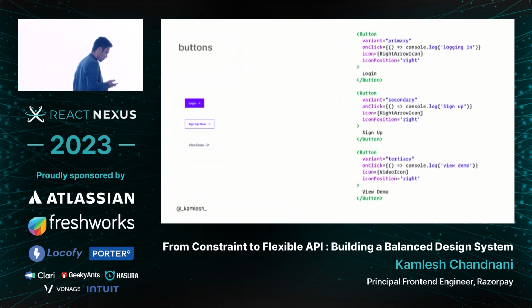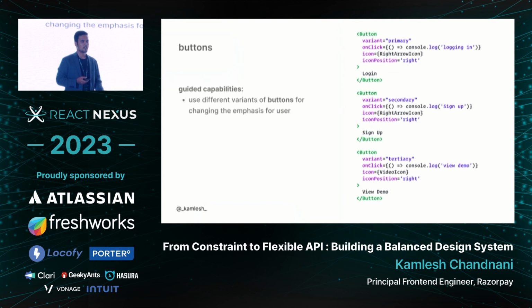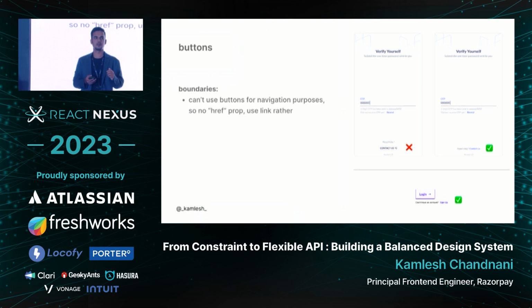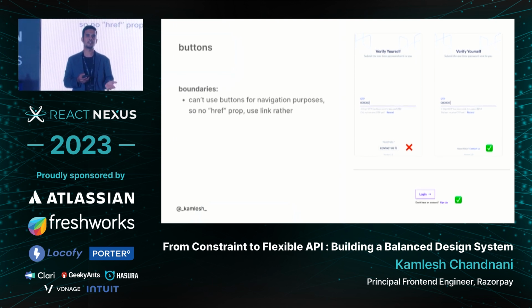Now let's talk about buttons. We had three variants of buttons, primary, secondary, tertiary, pretty common. Again, these had guided capabilities: you would render different types of buttons when you want to have different emphasis for the users. If you want your users to log in first, you would render login as primary and sign up as secondary, and vice versa. Now, what were the boundaries? Initially, when we started, we didn't add buttons which would also help to render links.